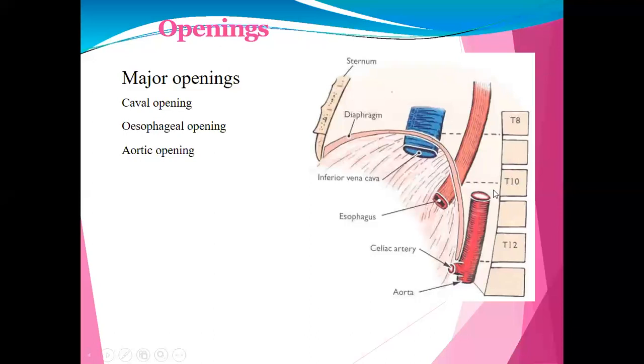For example, at the thoracic 10 level, we would have a problem of the esophagus. At T8, the inferior vena cava may be involved, and even if it is a rupture, there will be severe bleeding.